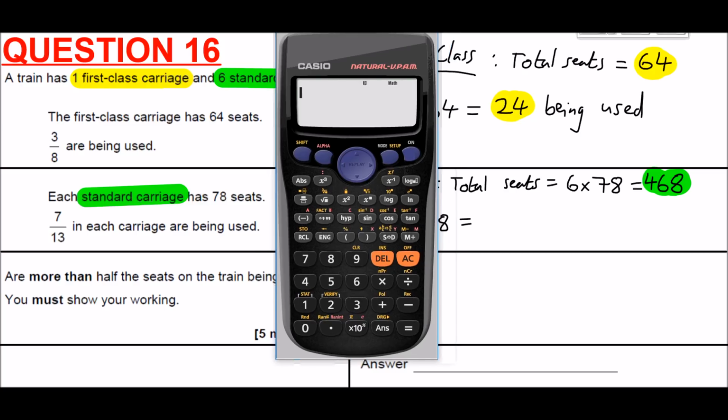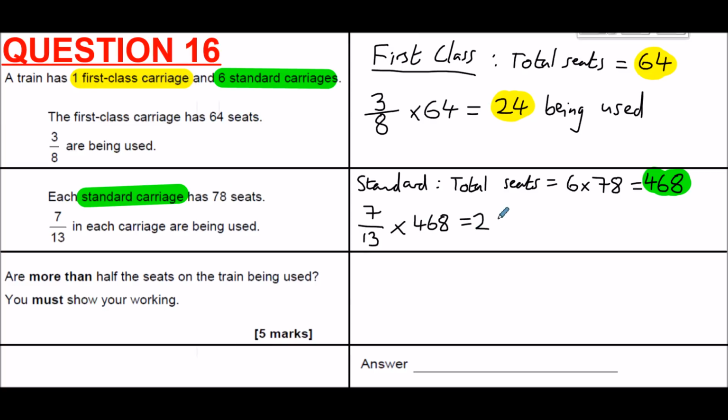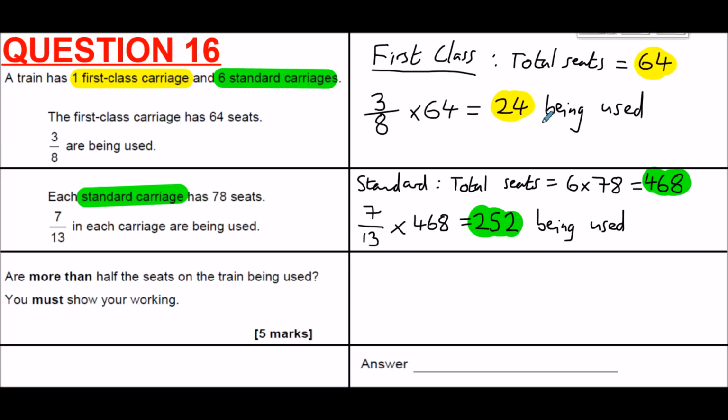So again, what we can do is type in the fraction and then multiply it by the total amount we're talking about, which is 468. And so what we've got here is 24 first class seats being used and 252 standard seats being used.